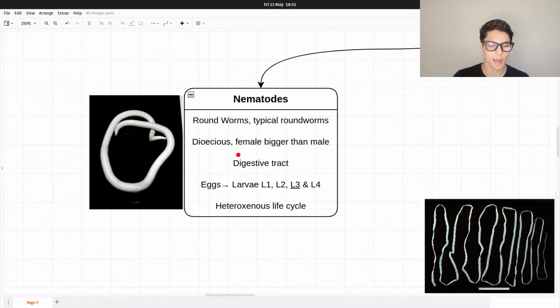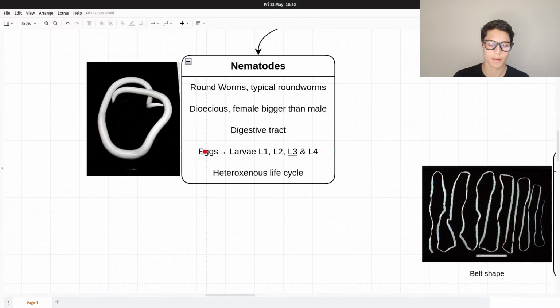Then they have a digestive tract, they can digest food, and they have eggs that become larvae, and they have 4 stages of larvae: L1, L2, L3 and L4. L3 is in most cases the infective one. And then the life cycle is heteroxenous. That means that it needs more than one host to complete the cycle.